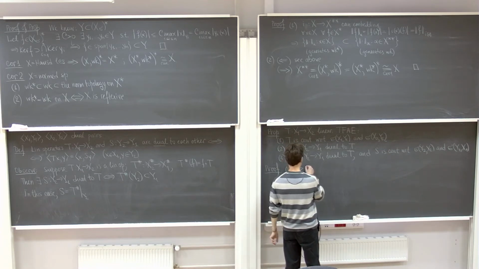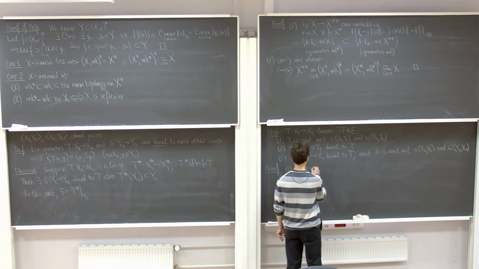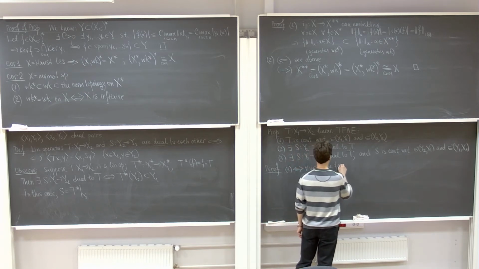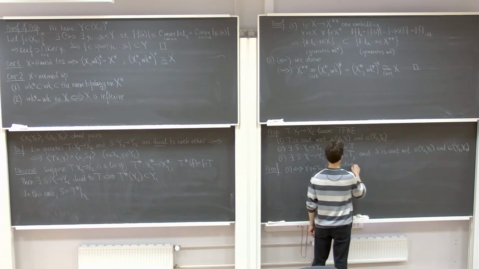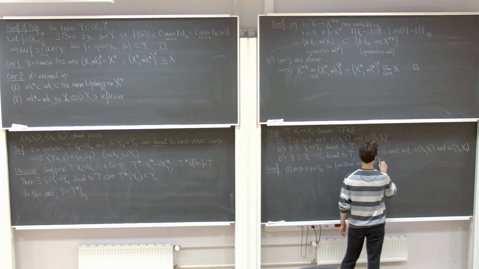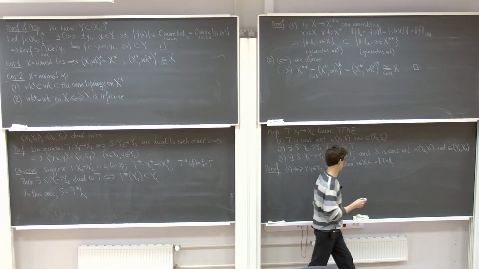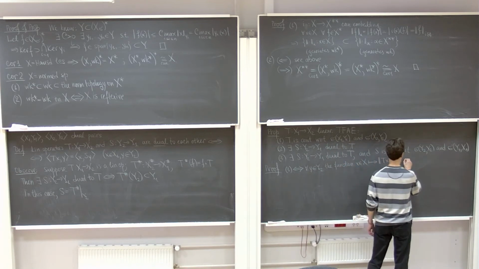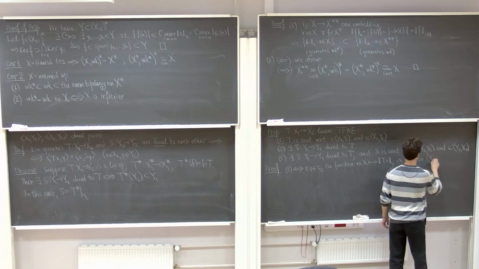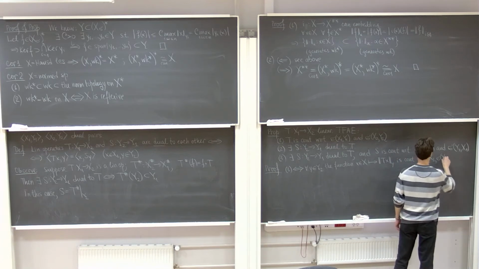So in our case, this means that for each y in Y2, the function which takes each element from X to the following number is continuous on X1 with respect to the weak topology.